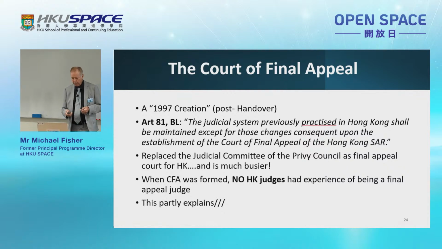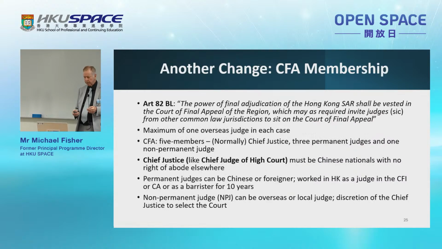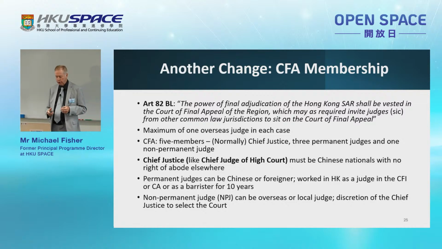When the Court of Final Appeal was formed, no Hong Kong judges had experience of being a final appeal judge, and this partly explains another change. Court of Final Appeal membership. Under Article 82, the power of final adjudication shall be vested in the Court of Final Appeal, which may, as required, invite judges from other common law jurisdictions to sit on the Court of Final Appeal.